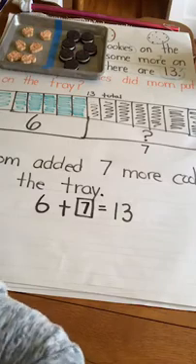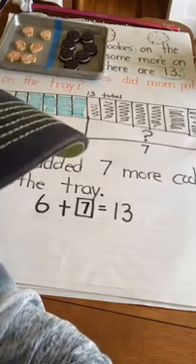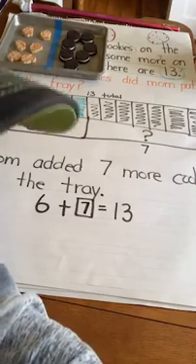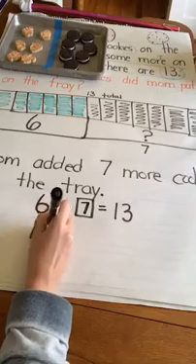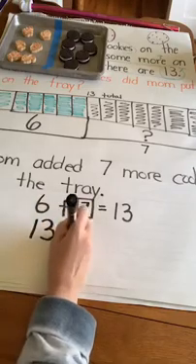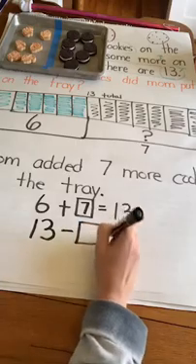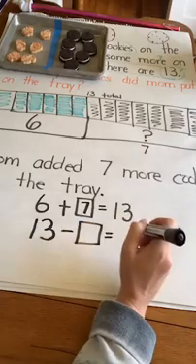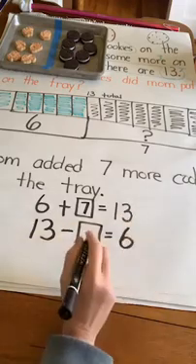No. Would I start with the 7? No. I would start with the 13. That's right. So I'm going to write 13, subtract something, because remember, it's the change unknown that we're trying to find here, and it equaled 6.